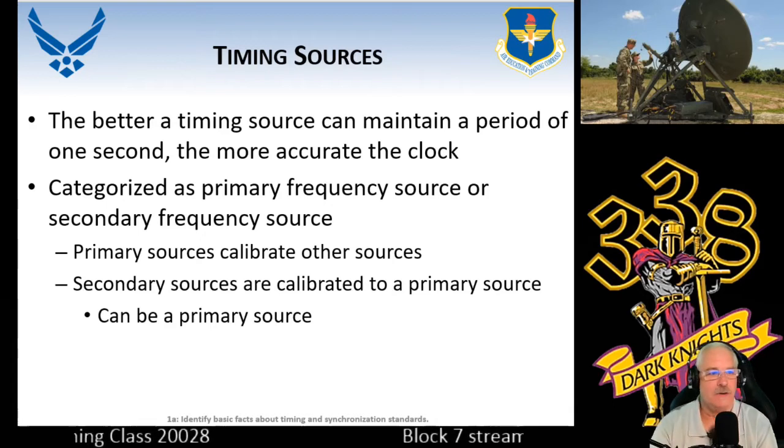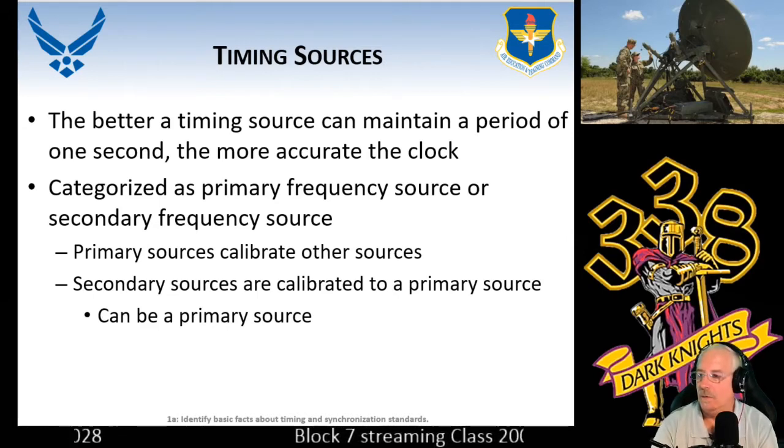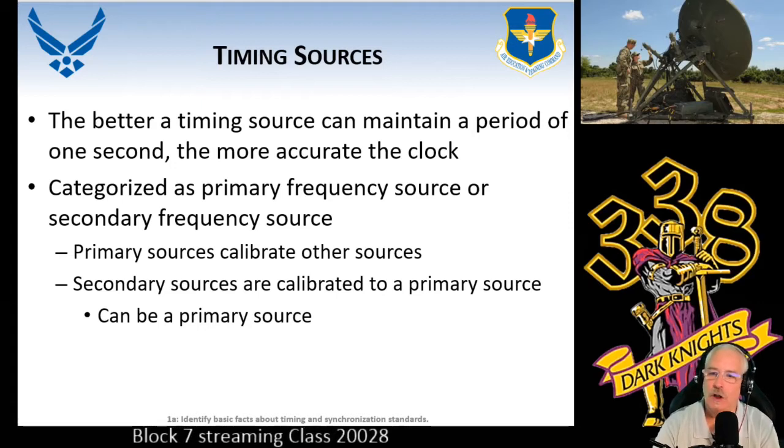We have timing sources, and let me try to explain this particular paragraph for you. I have 9:24 a.m. on my computer, and I tell you, okay, we're going to take a 5-minute break at 9:24, be back at 9:29. Well, you're going to have to set your clock to my clock.